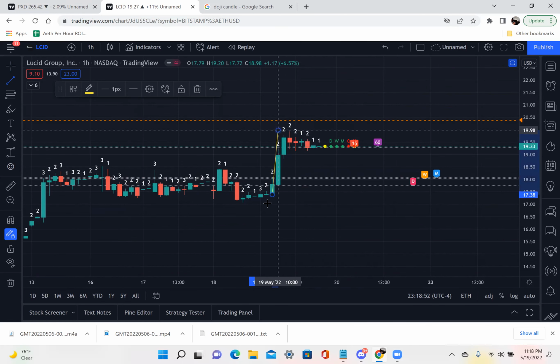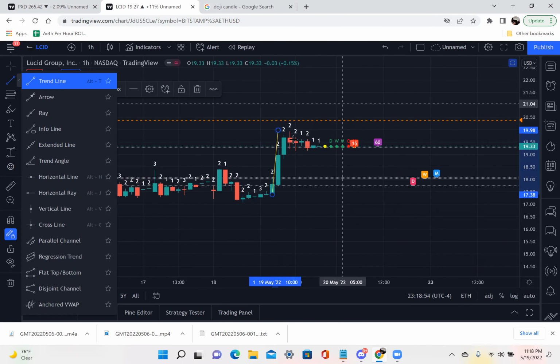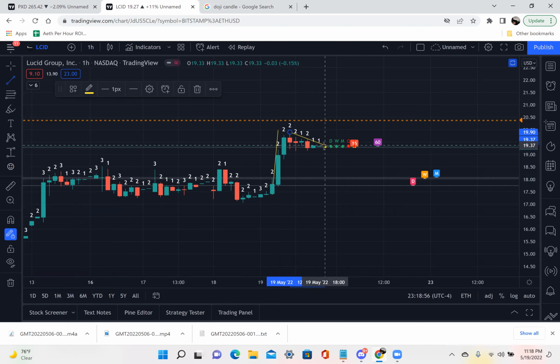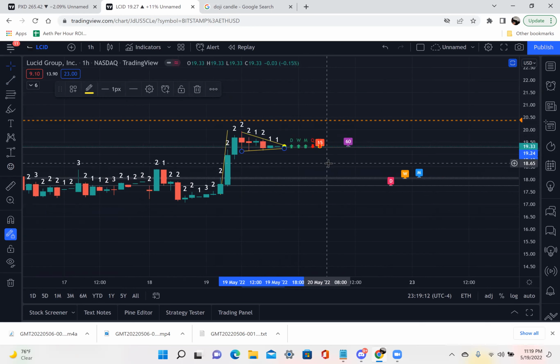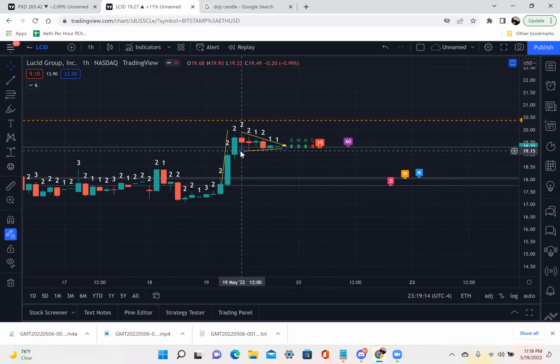Bull flag, that's your pole. This is your flag. Ew, I don't like how I do that. And that's your bull flag right there.